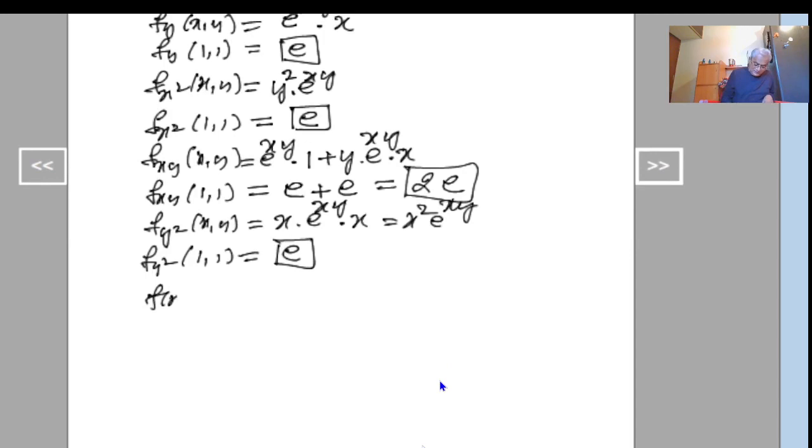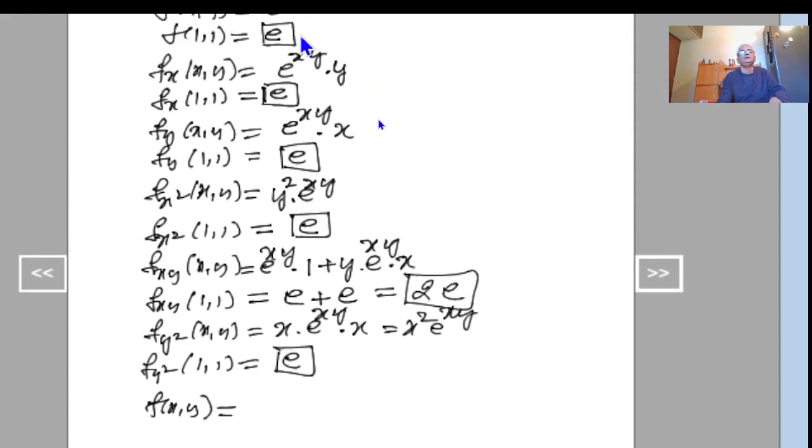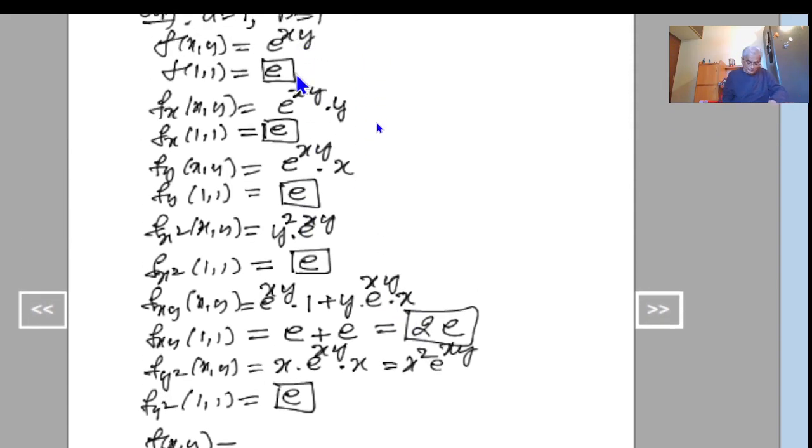Then by Taylor series we write f of x comma y equal to f of 1 comma 1. F of 1 comma 1 equal to e plus x minus 1 into fx. Fx is e plus y minus 1 into fy.